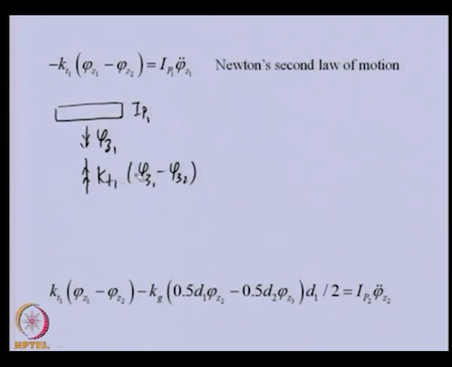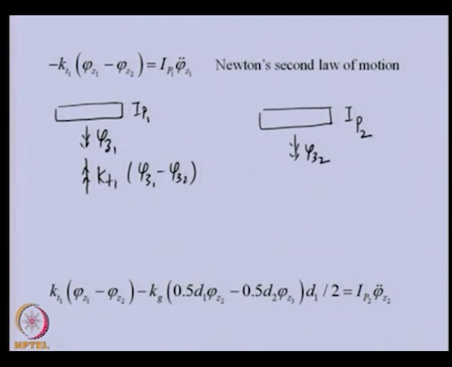So, using Newton's law, we can equate this torque, which will be in the opposite direction to the displacement, to the inertia. So, this is one of the equations of motion. Similarly, we can write it for gear 1, that is IP2. In this particular case, again the displacement direction is this positive direction.